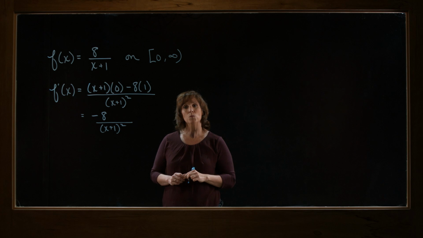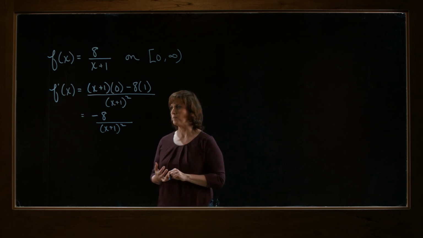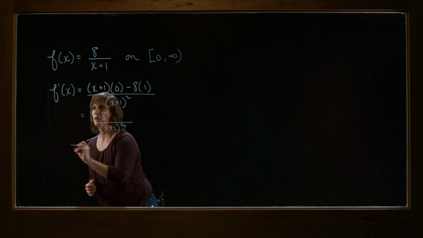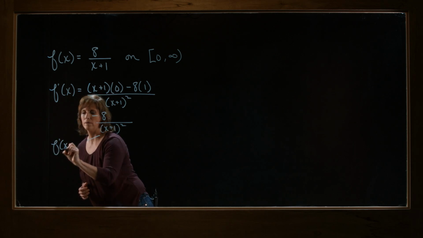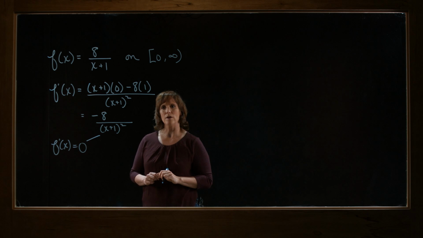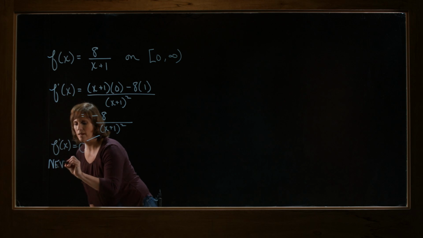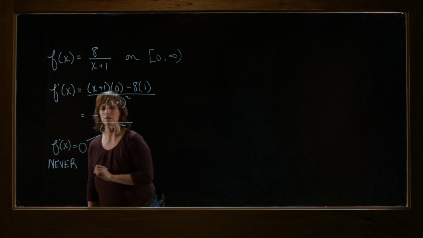To find critical numbers, we need to know when that derivative is equal to 0 and when it's undefined. So when does it equal 0? Well, a fraction equals 0 when the numerator is 0, and negative 8 can never equal 0. So there won't be any critical numbers that we get from that condition.